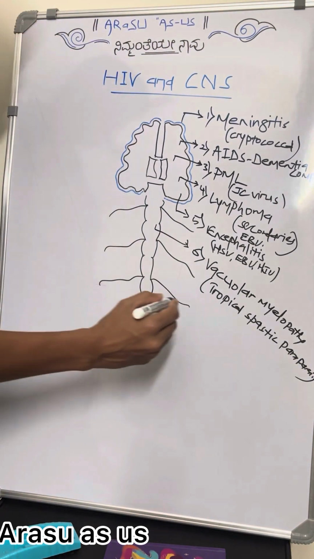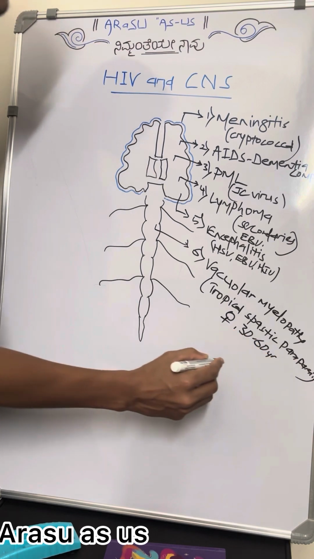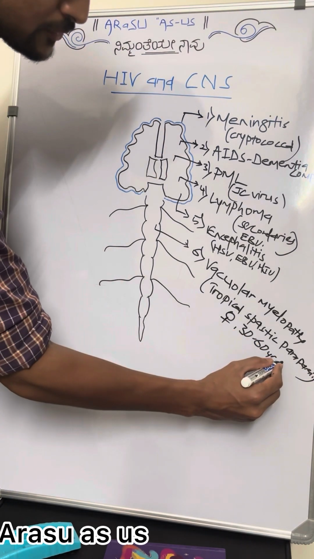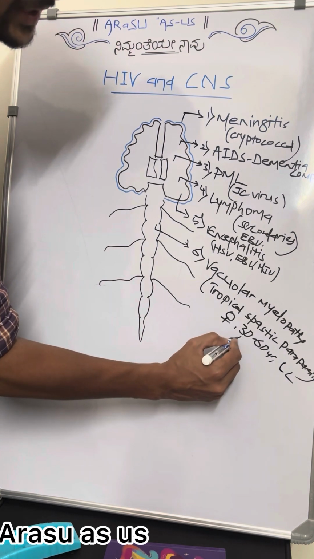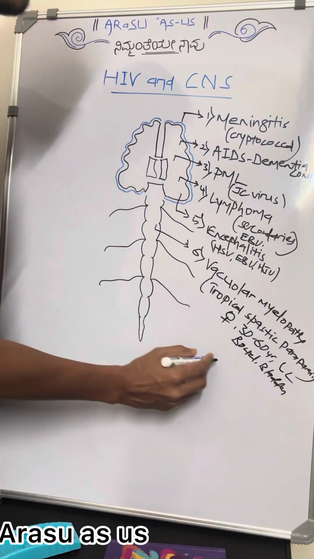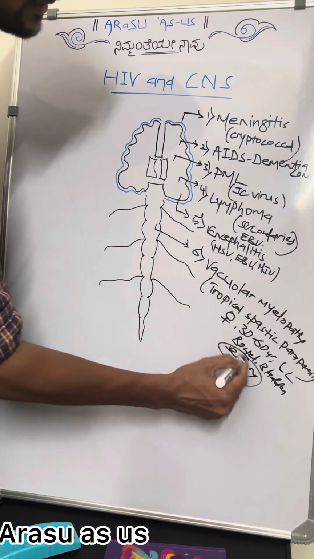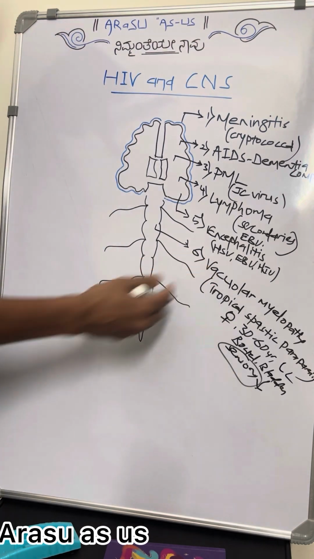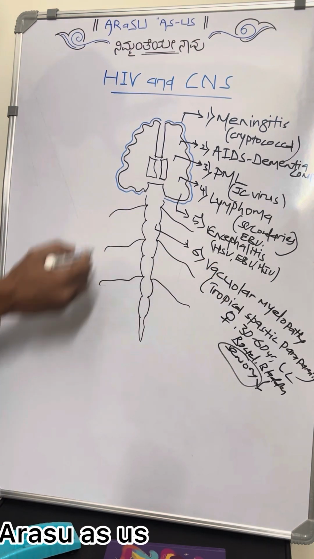Usually females of about 30 to 60 years will present with slowly progressive weakness of the lower limbs, and there will be bowel bladder dysfunction also, but there will not be much sensory involvement. Sensory is less prominent. This is the usual presentation of vacuolar myelopathy considering the spinal cord.